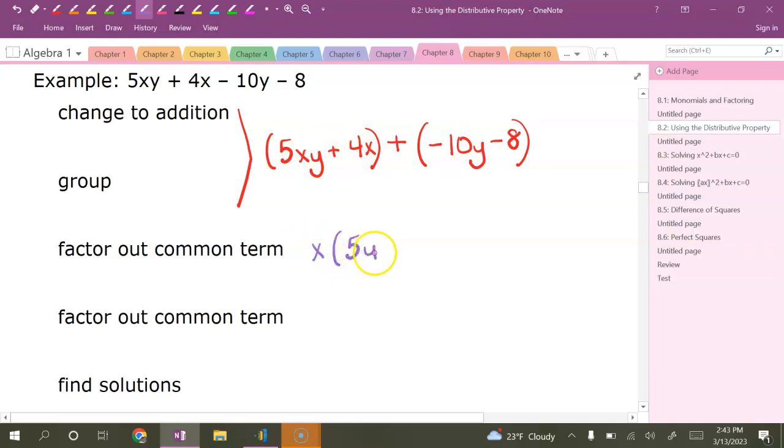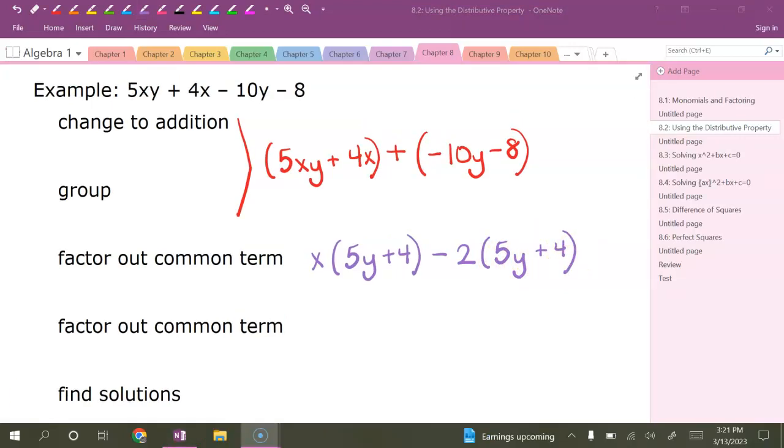And I'm left with 5y plus 4. Now from the second set, I'm going to take out a negative 2 so that I get positive 5y plus 4. So you can hopefully see here that the reason why I took out that negative 2 is so that the insides of my parentheses will now match.